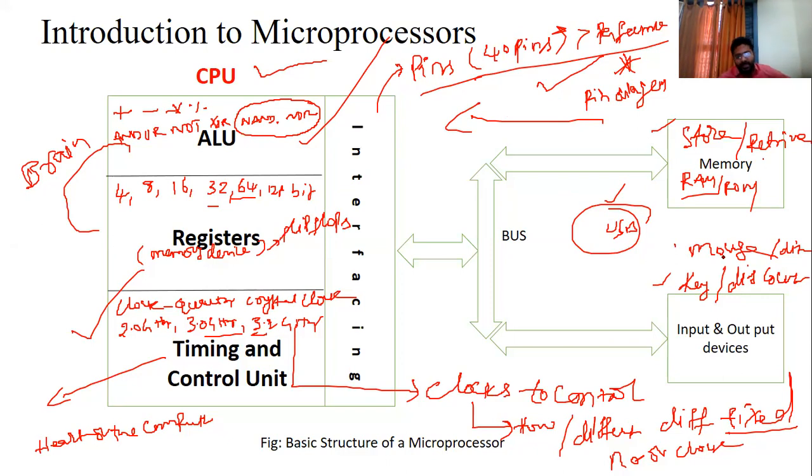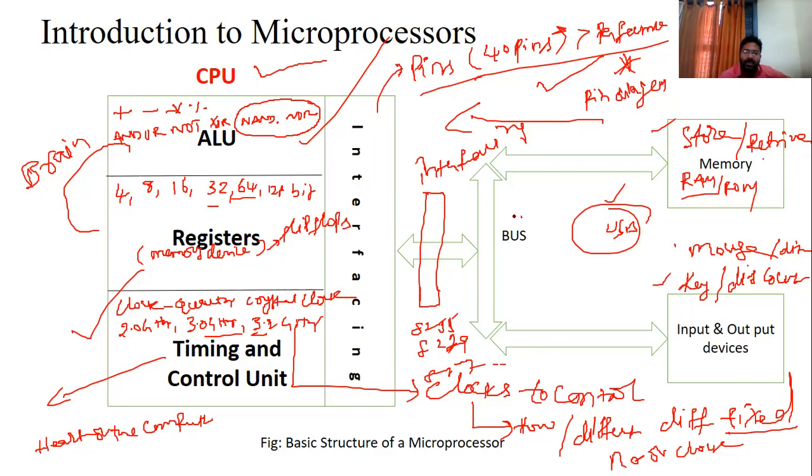You can solve all of these and reduce the burden on the microprocessor by using interfacing devices. Between the input output devices and the CPU, we use interfacing devices such as 8255, 8279 and 8257, five different types of interfacing devices.